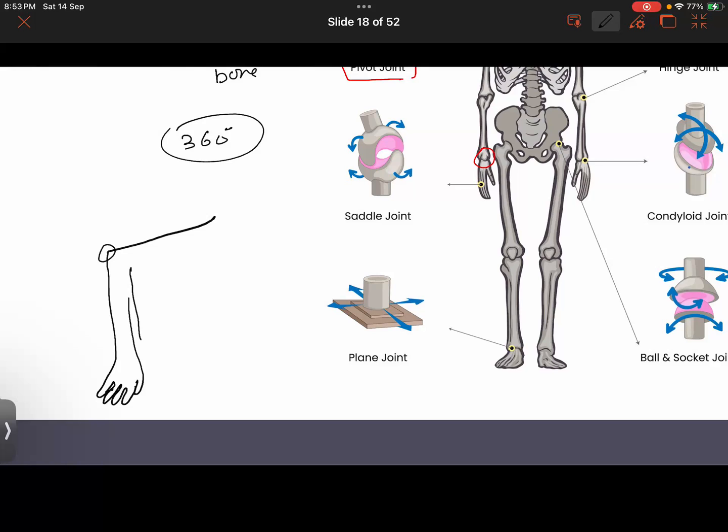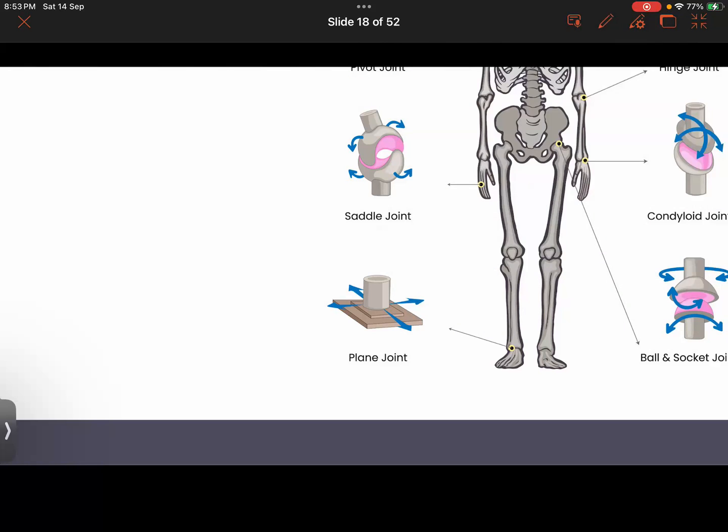I'm trying to draw it, but just 1 minute. Say that this is our leg and this is the knee joint.